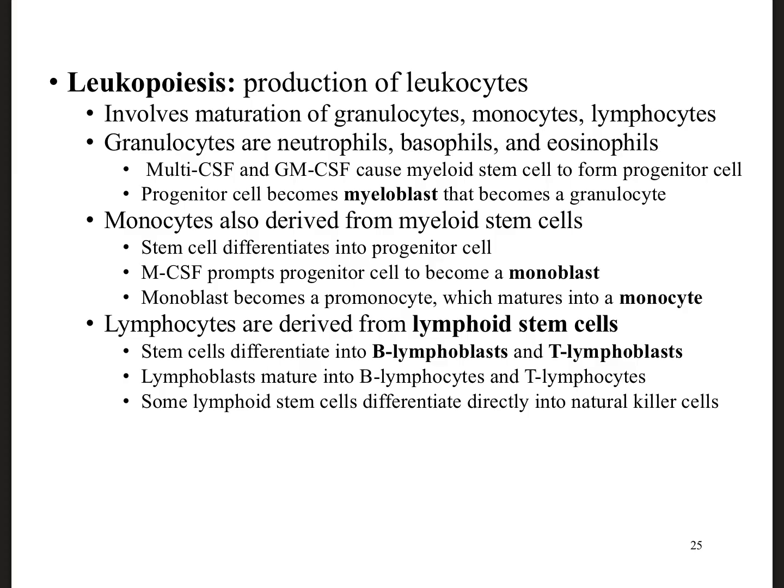And then your lymphocytes are from the lymphoid stem cell, so a different line, and they differentiate into B lymphoblasts and T lymphoblasts, otherwise known as B cells and T cells. Why are they named B and T?